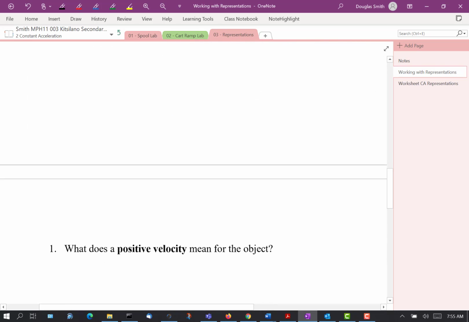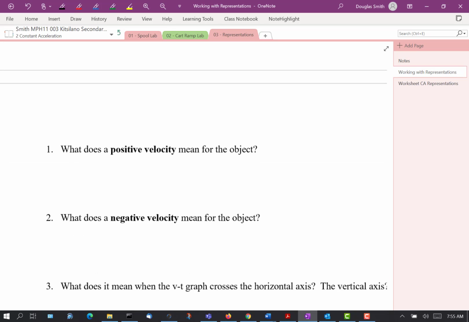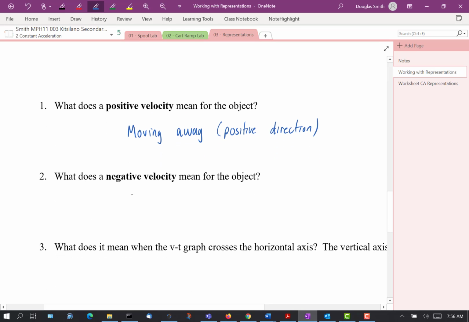To think a little bit more about what these graphs mean: what does a positive velocity mean for an object? It means it's moving away, moving in a positive direction. Negative velocity means moving backwards.